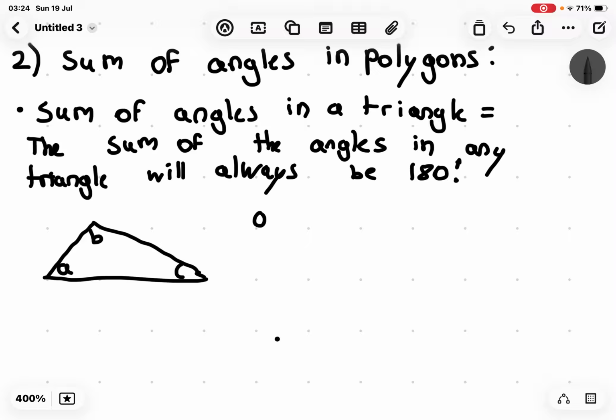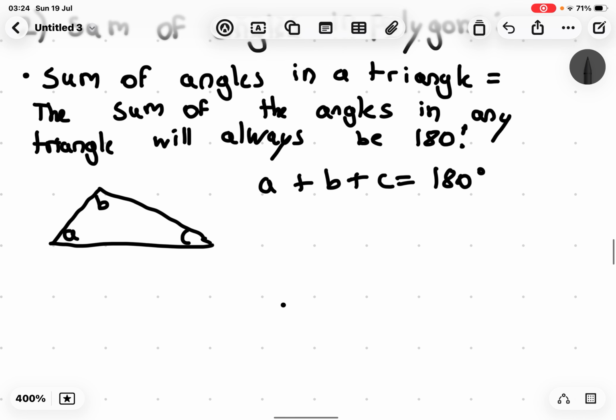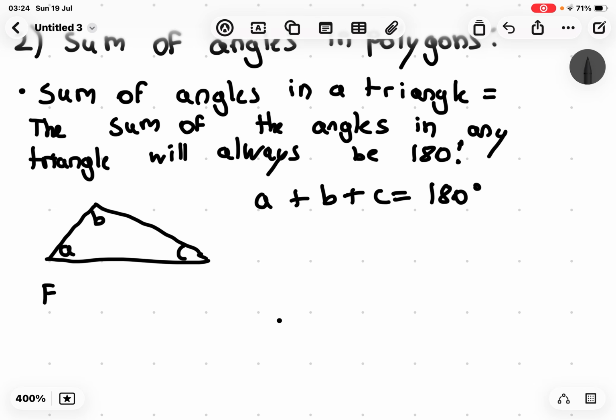So let's say we have this type of triangle, and what's happening here is all of these add up to 180. So an example could be having a triangle.